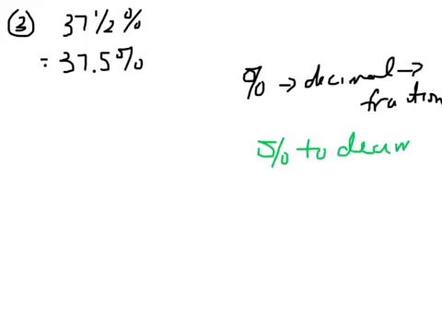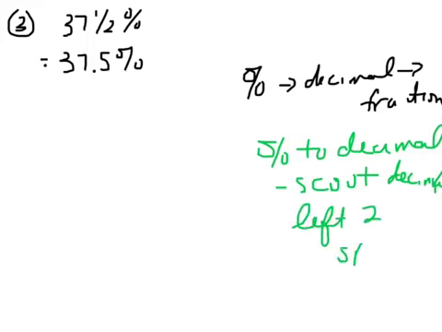Don't you scoot the decimal place left 2 spaces, right? Okay, so this 37.5% would become 0.375, right? Because that would be the first step I would do.